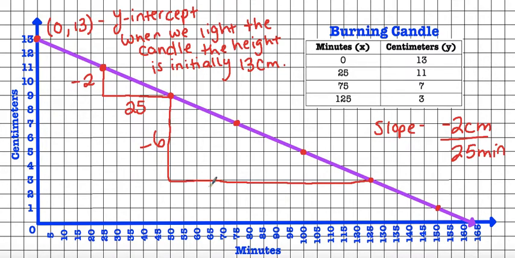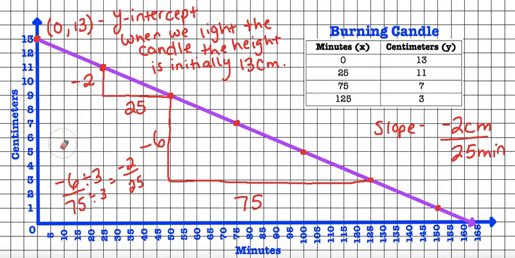So 5, 10, 15, and so on up to 75. Okay, and if we do write out -6 over 75, we could see that we could actually simplify that. So if we divide by 3, we get -2 over 25, which is what we got before.